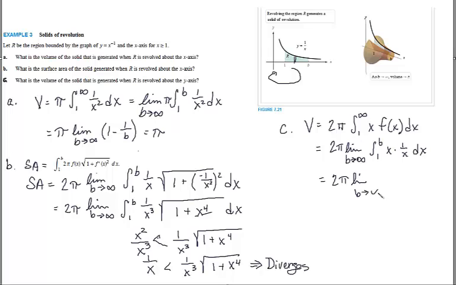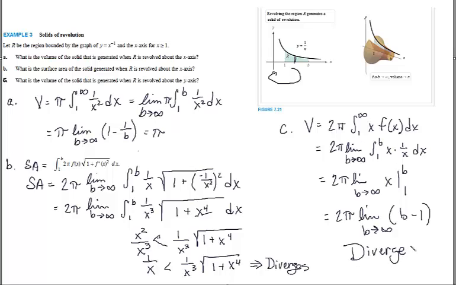That makes this thing equal to just 1, so then it's x evaluated from b to 1, and I'll put my b and my 1 in there. Alright, when I put infinity in here, this thing just keeps getting bigger and bigger all the time, so this is diverging, so I'll say we don't have an answer on that one.